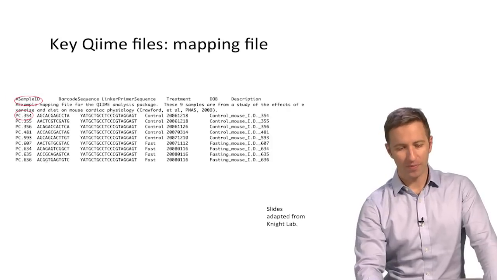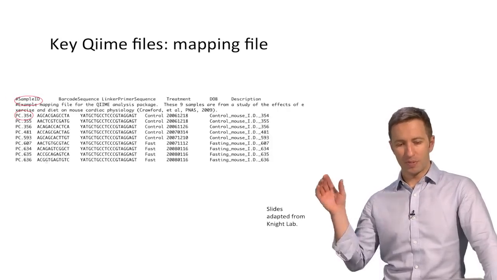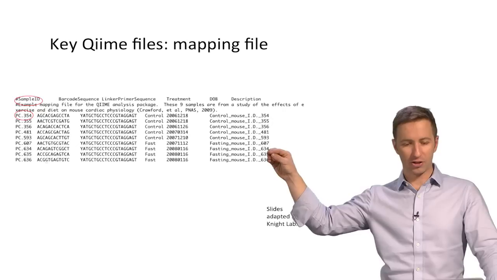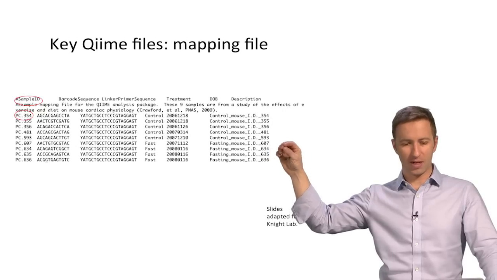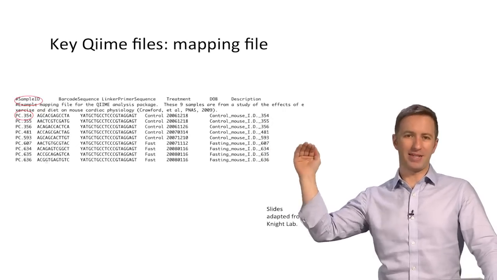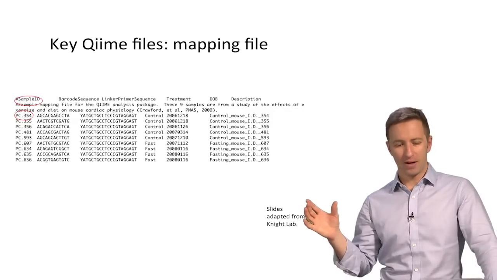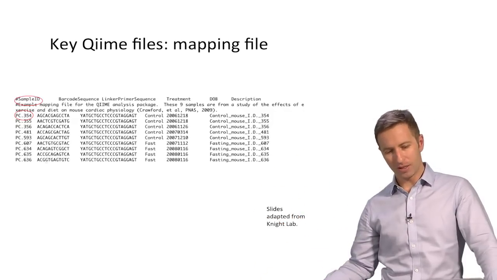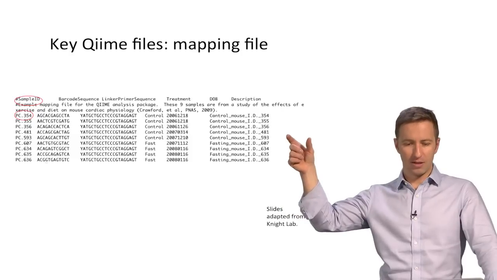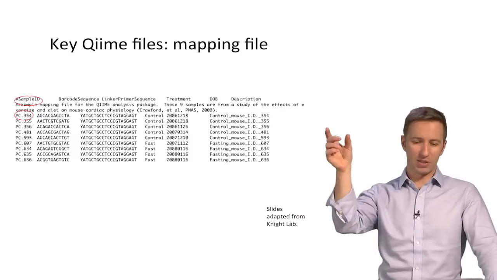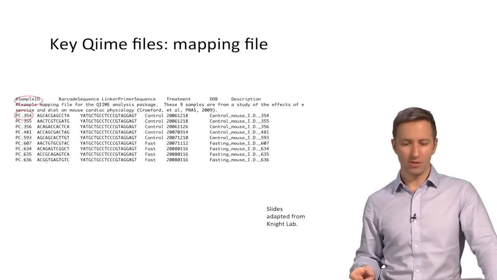In the mapping file, it's a very prescribed format, so it has to start with this pound or hash sample ID, and then it needs to be tab delimited. So you could make this using an Excel spreadsheet. So the first column is sample IDs. The next column is the barcode sequence for each sample. The next column is the linker primer sequence that was used.